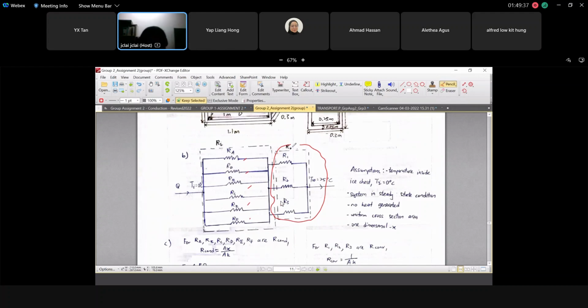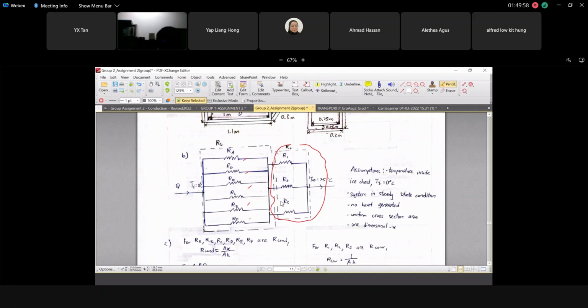But I don't understand group 2. Is there anyone from group 2 here? I don't understand why it becomes 3 after this. Could you please explain? Group 2? Anyone from group 2? Yes, Doctor.